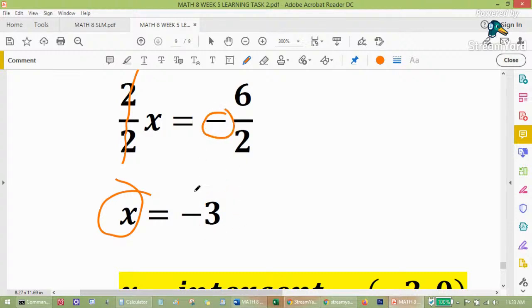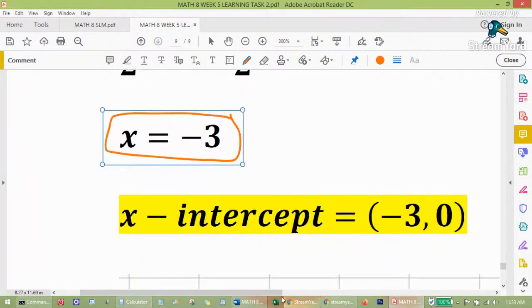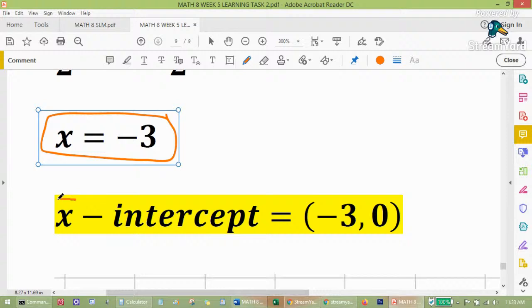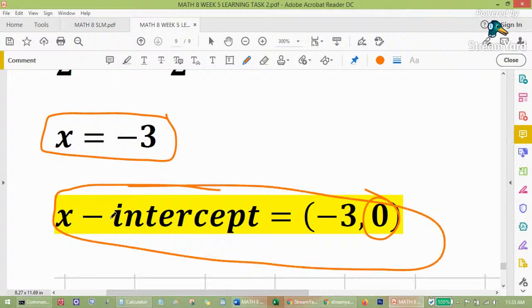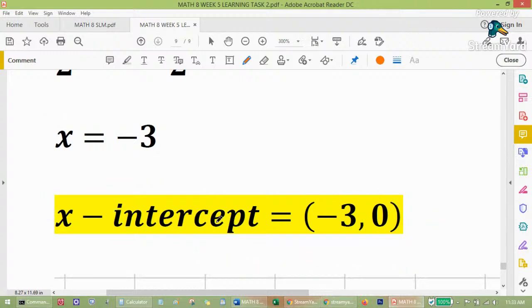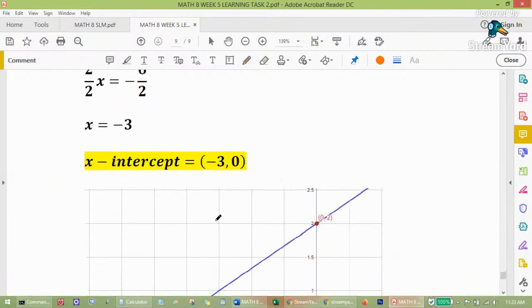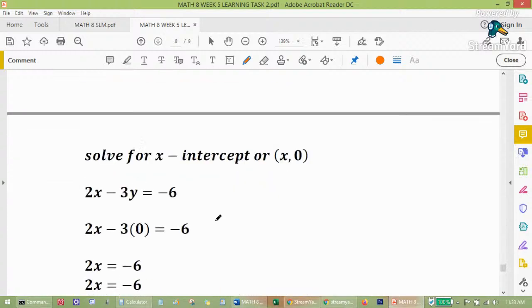So, ang x is negative 3. Sa makatuwid sa x-intercept, ang x is negative 3, habang ang y is 0. So, palaging 0 ang y sa x-intercept. So, pwede na natin i-graph.